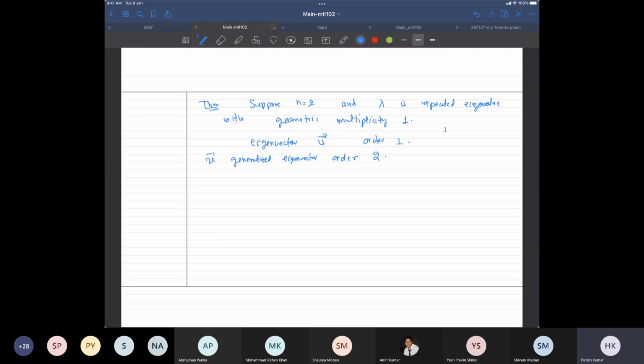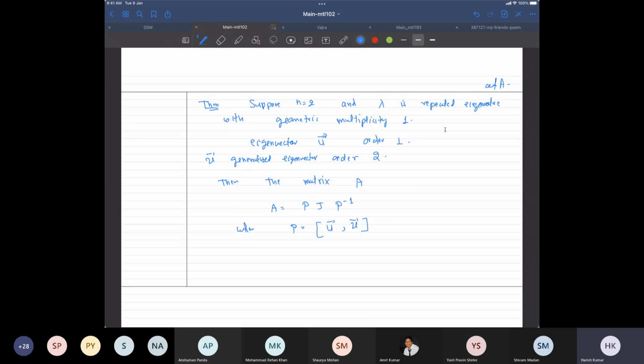Now if that is the case, then the matrix A, which has this property, a repeated eigenvalue with geometric multiplicity 1, can be written as A equal to P J P inverse, where P is an invertible matrix containing the vectors u and v.